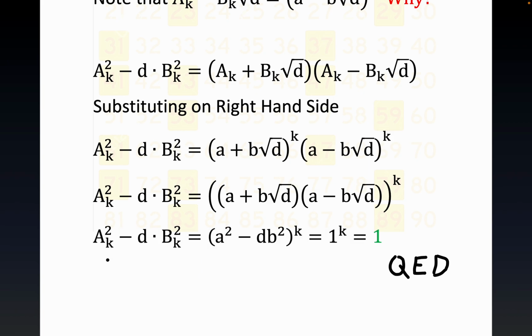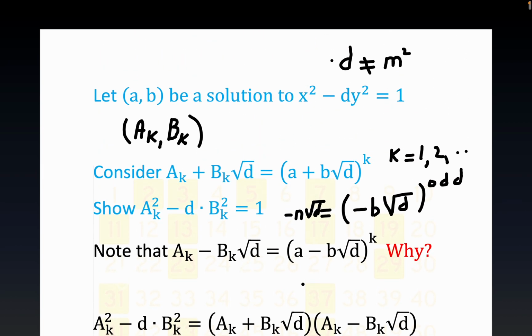So we've established that a sub k comma b sub k is a solution, and again, it's a solution to this original equation.